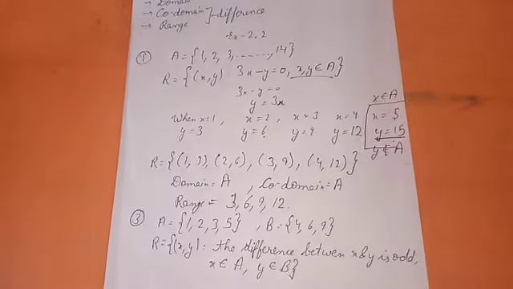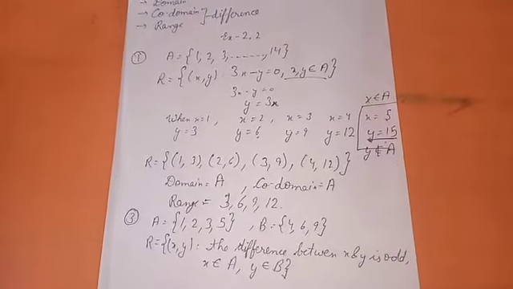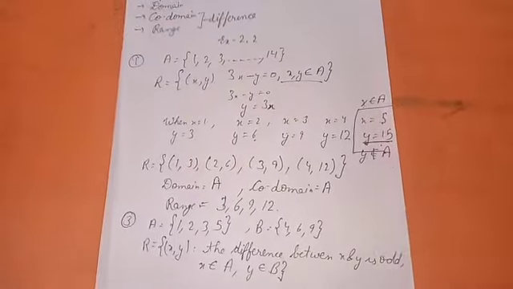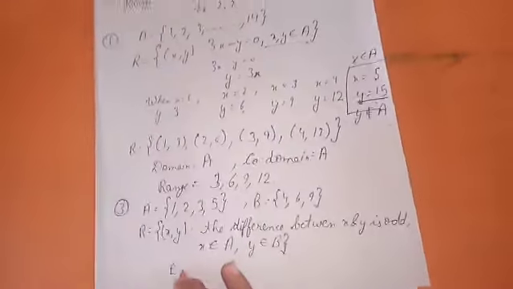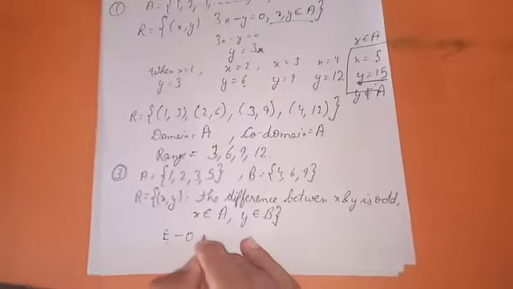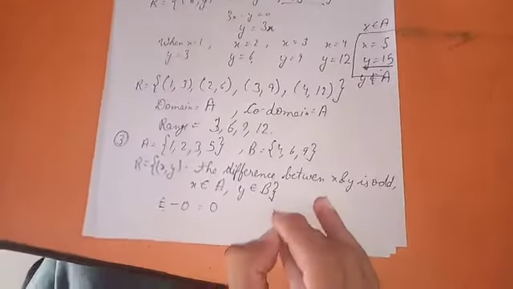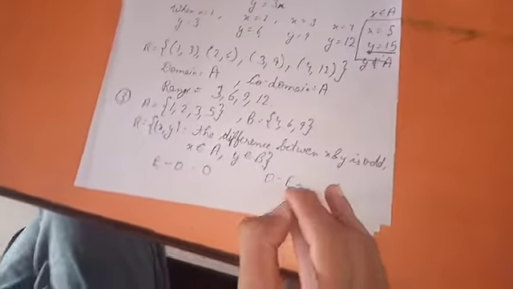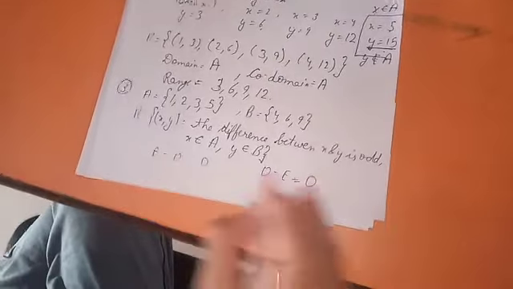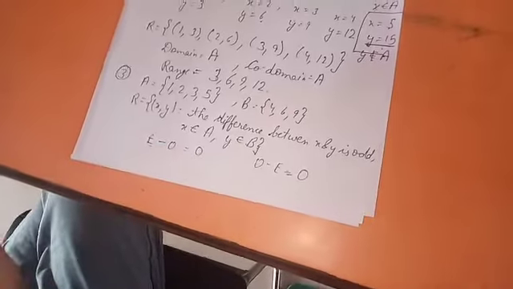So how will we get the difference between two numbers as odd? We will get that when we subtract even from odd, we will get odd, and odd from even, then also we will get odd.